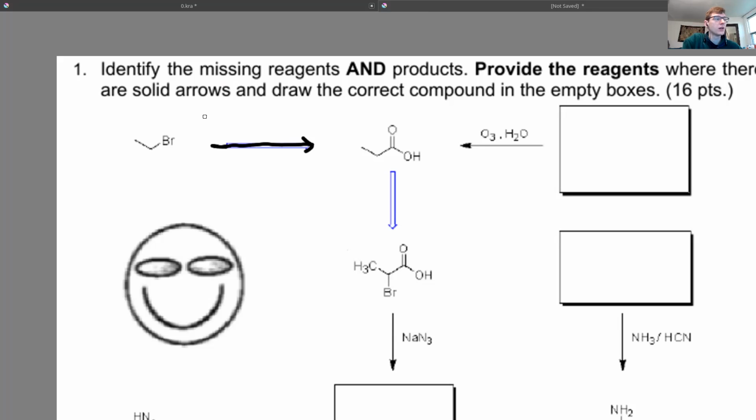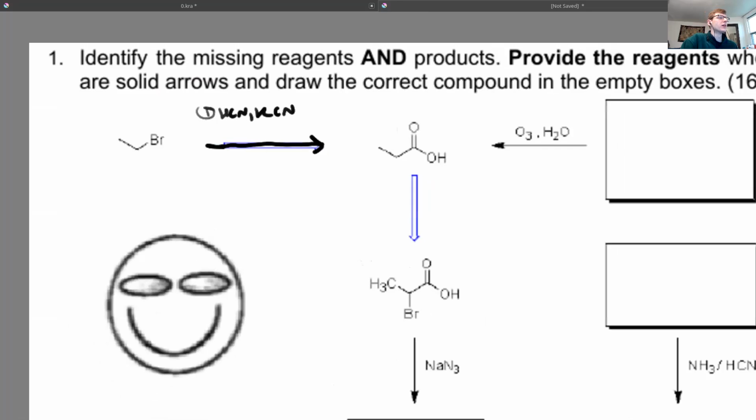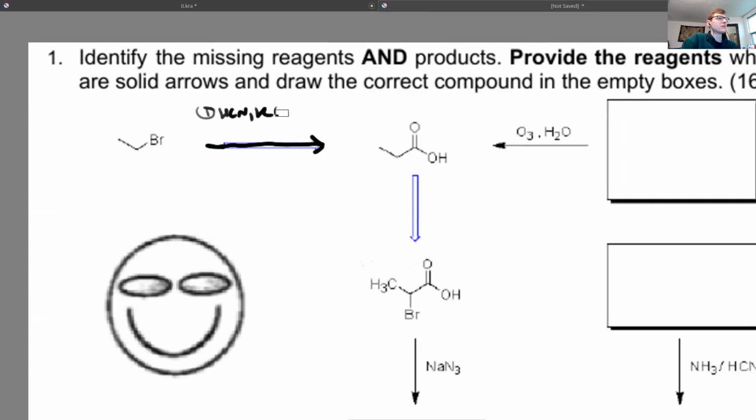And then that'll add your extra carbon. So we use HCN and KCN, just because that's sort of the common way of doing SN2 with cyanide. And then 2, yeah, we just hydrolyze it.